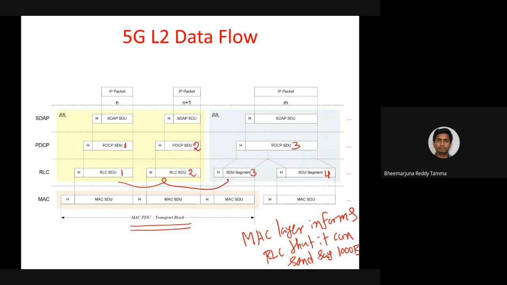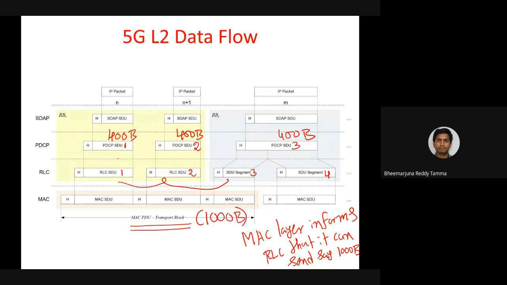And assume that this is 400 bytes. This is also 400 bytes for simplicity. This is also 400 bytes. So now we understood, right, why we have to do the segmentation. You want to ensure that this total is only 1000 bytes.